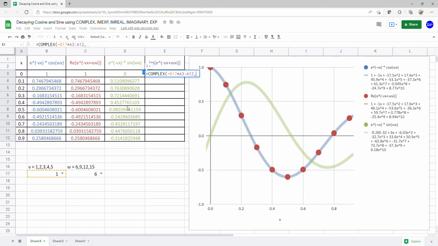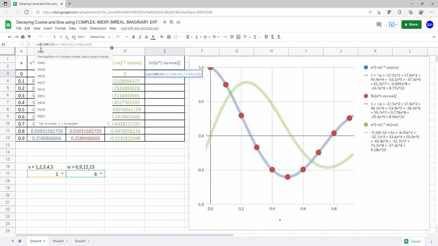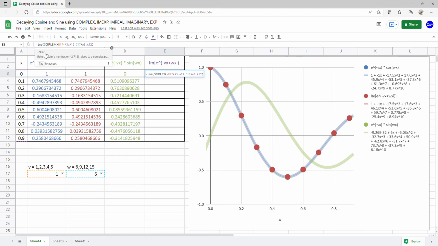So w times x. Next, we continue with the imaginary exponent. Imaginary exponent. Enter.